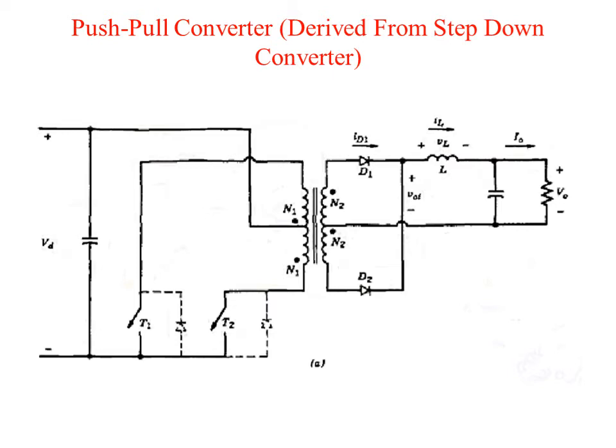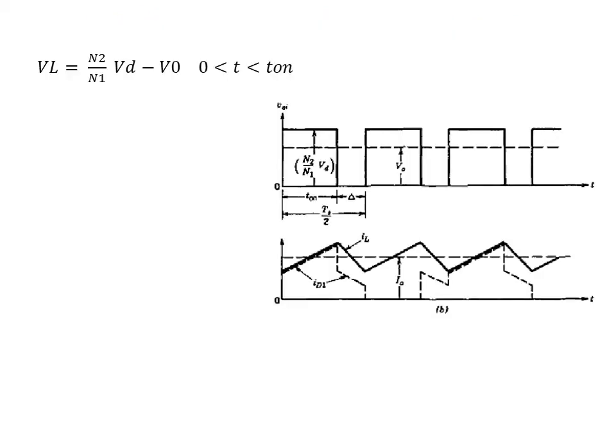Therefore, the voltage across the filter inductor is given as VL equal to N2 divided by N1 times Vd minus V0, for the period t greater than 0 and less than t on, and IL through D1 increases linearly as shown in figure B.